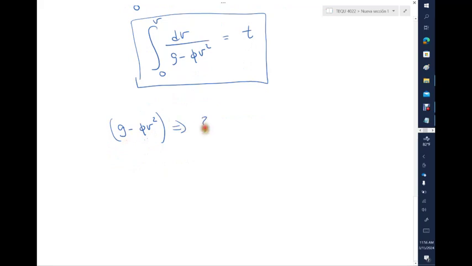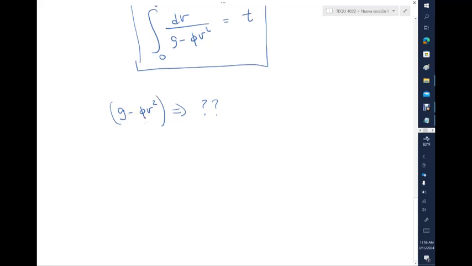Can it be factored? If it can be factored, you are definitely in the right place. If it cannot be factored, then you are probably in the inverse tangent. But this one smells like a logarithm somewhere because it can be factored. Let's make life easier and work that out.